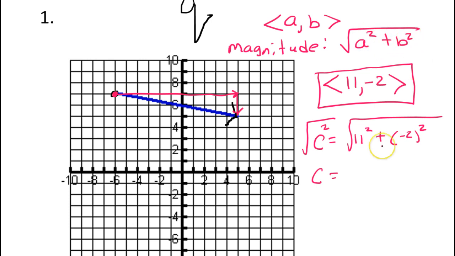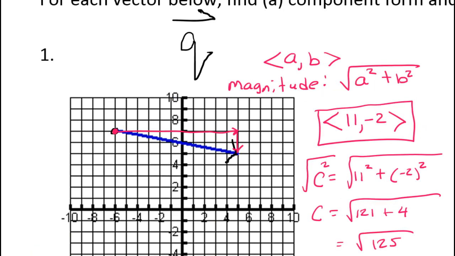So that's what I'm doing here. This is going to be the square root of 121 plus 4. So that's going to be the square root of 125.